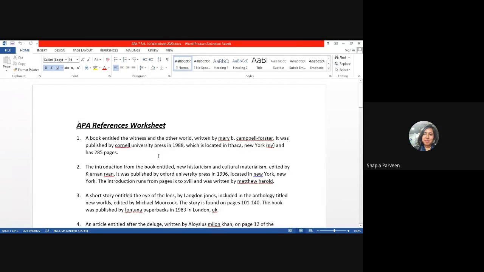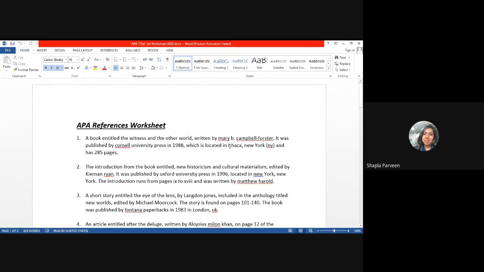Okay, so the first one is a book. Book is the easiest one, actually. And when we go through it, we see that the book title is called The Witness and the Other World. That's the title of the book. It is written by Mary B. Campbell-Foster.